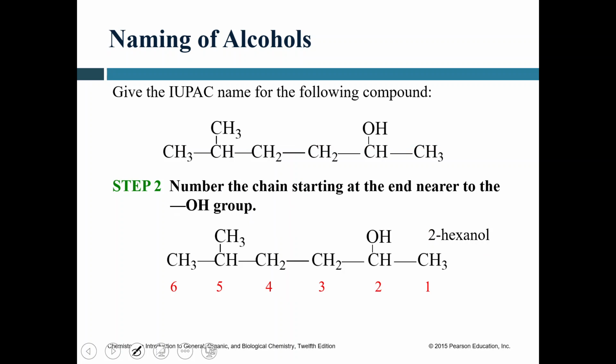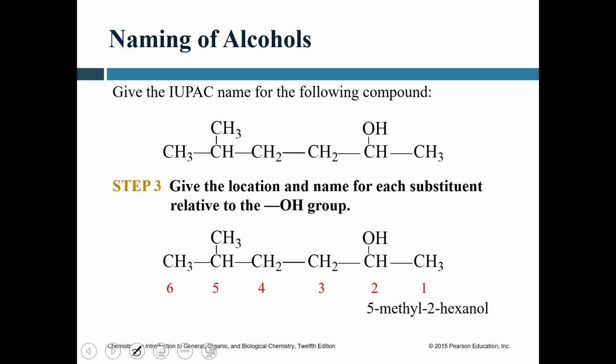Now we need to figure out where the OH group is placed numerically, and it's at the second carbon, so it's 2-hexanol, and it has a substituent relative to the OH group, which is going to be methyl. So at the end of the day, it's going to be 5-methyl-2-hexanol.